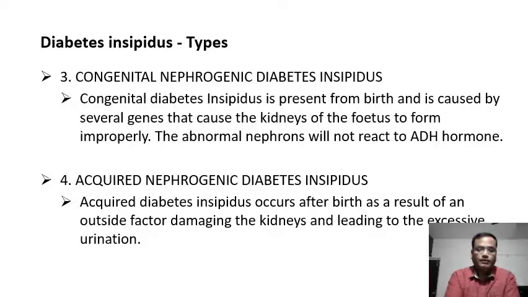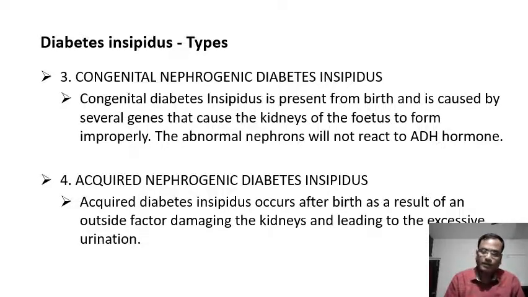As the name itself tells, congenital, so from birth, there is something wrong with the genes. Now, which gene? Congenital diabetes insipidus is present from birth and is caused by several genes that cause the kidneys of the fetus to form improperly. The abnormal nephrons will not react to ADH hormone.